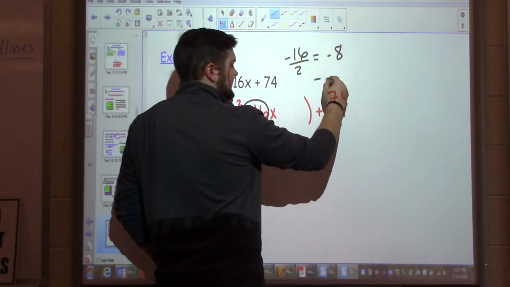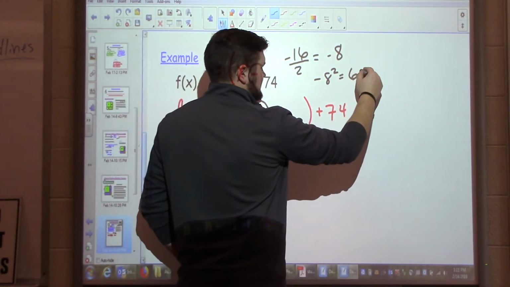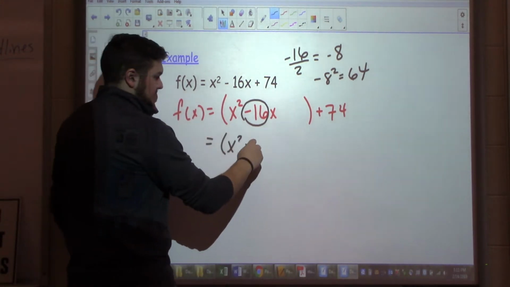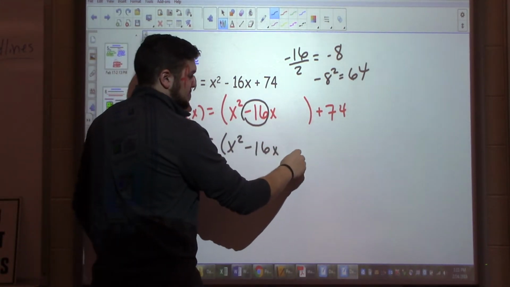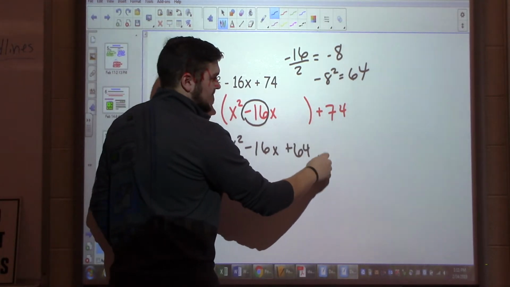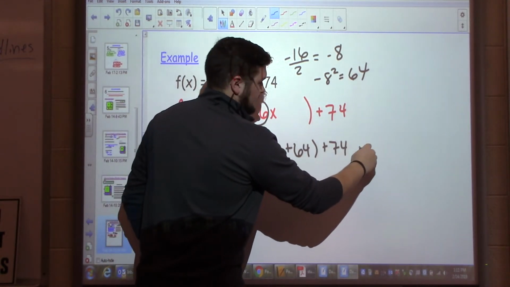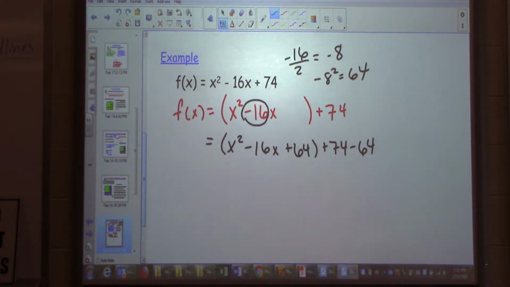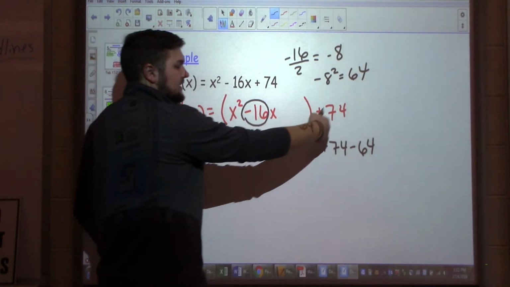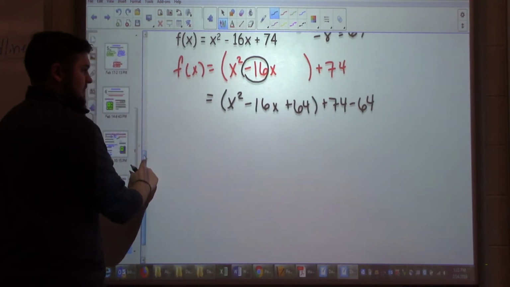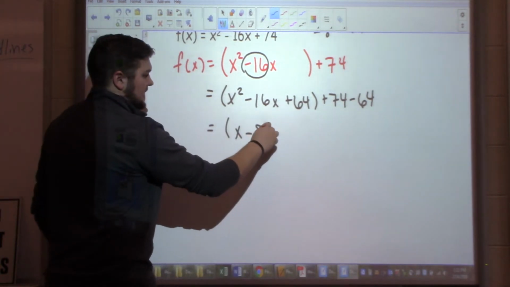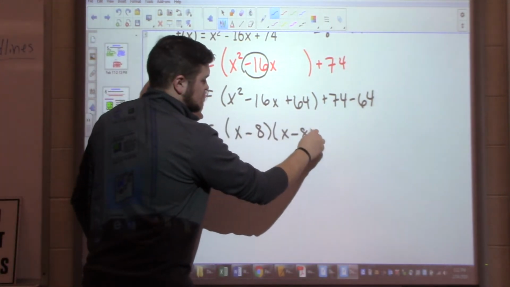Negative 8 squared will give me 64. So what I'm going to do, x squared minus 16x plus 64 on the inside. Whatever I add, I must also subtract. So add 64 on the inside, subtract it on the outside. Should factor to x minus 8, x minus 8.